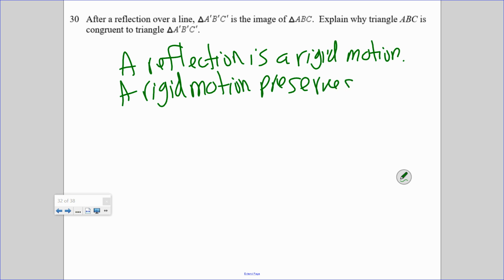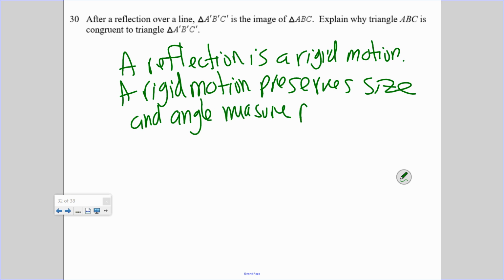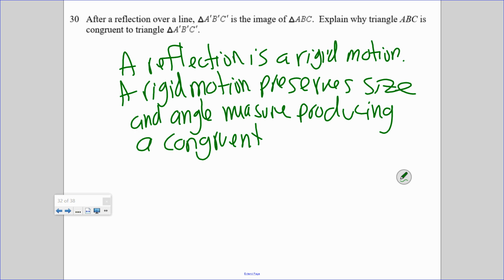Preserves size and angle measure, producing a congruent figure. Boom. Done.